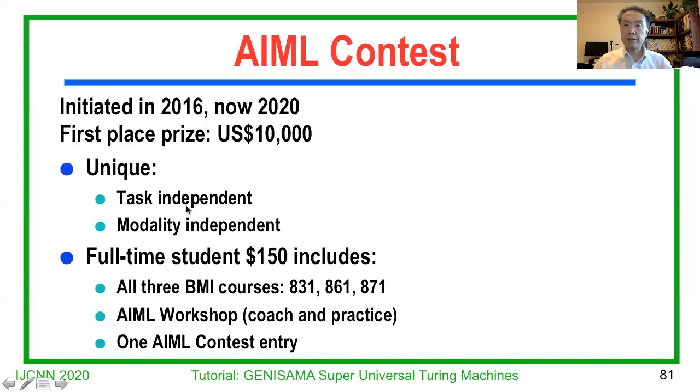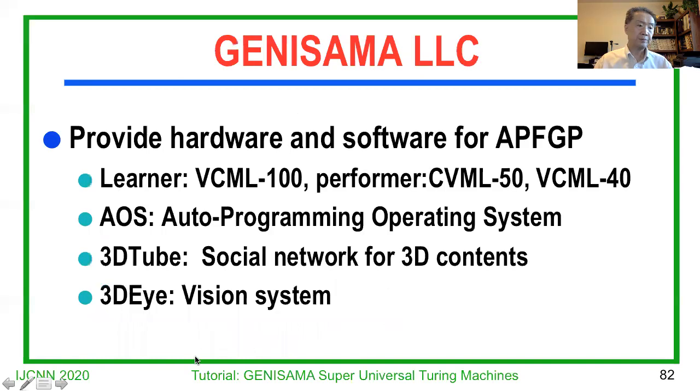It's task independent, modality independent. When you do the tasks, you don't know what kind of task you are doing, so you really need to do task-specific learning. And for full-time students, we reduce the price. For 150, you can have 3 courses, attend the workshop, and have 1 entry in the contest.